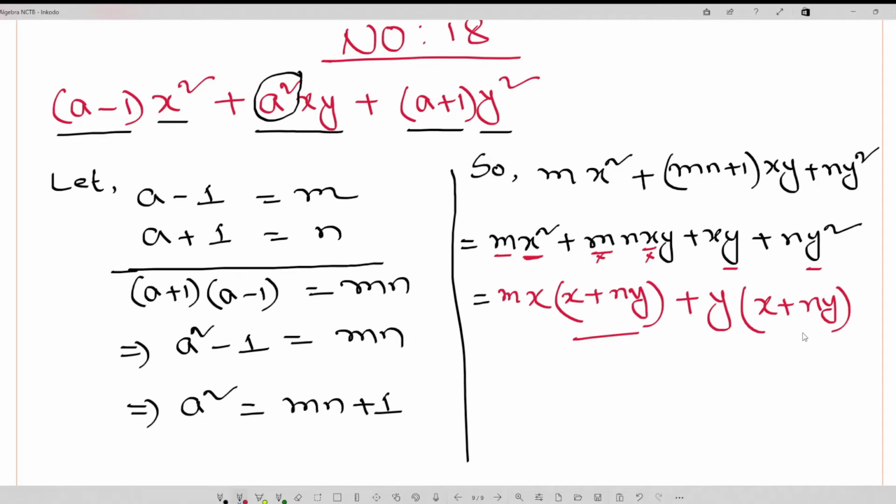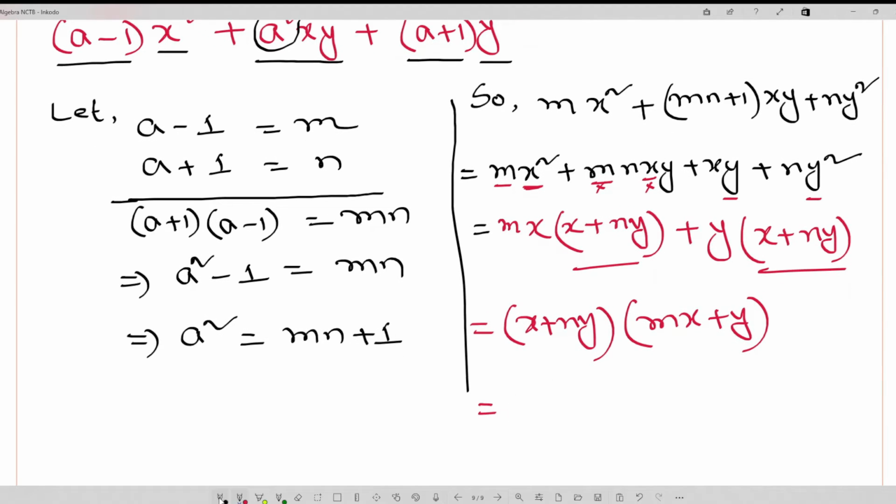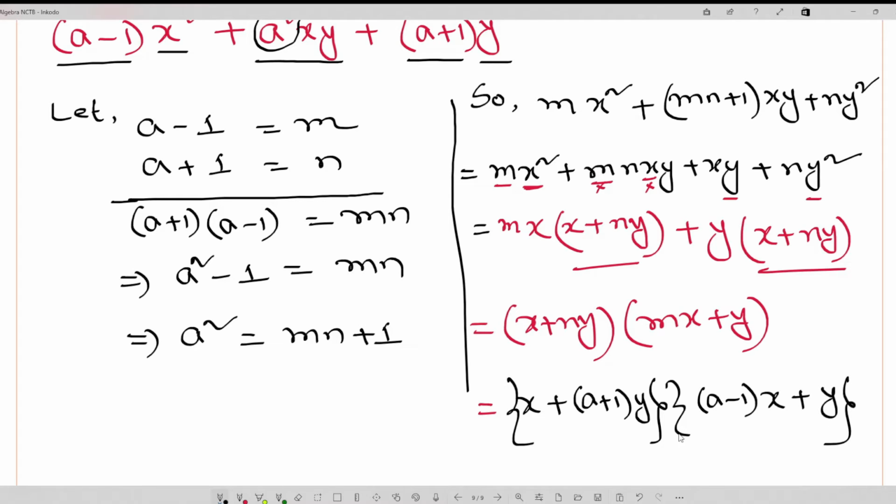Look, this one and this one now we can take common, so x + ny, and here is mx + y. Now we can put the value of these. x + n means x + a + 1, and here is y. Again m means a − 1, so (a − 1)x + y.